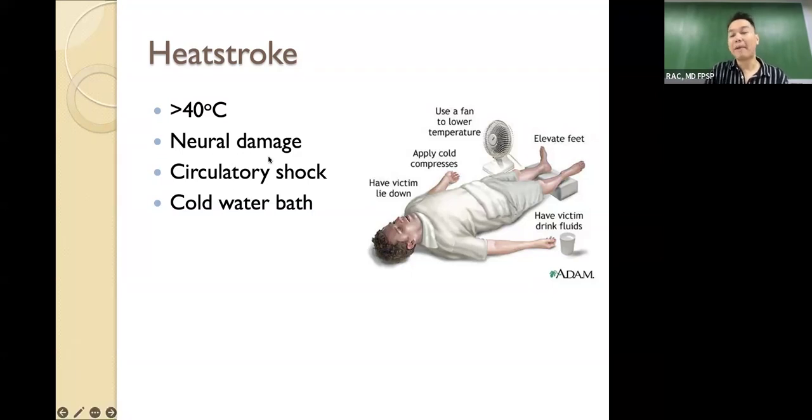So there's neural damage. Symptoms typically manifest as confusion, weakness, loss of consciousness, etc. So the patient would collapse, like for example, this one. As a complication, since the higher center will lose its ability to control the body temperature, body temperature will now drastically rise.